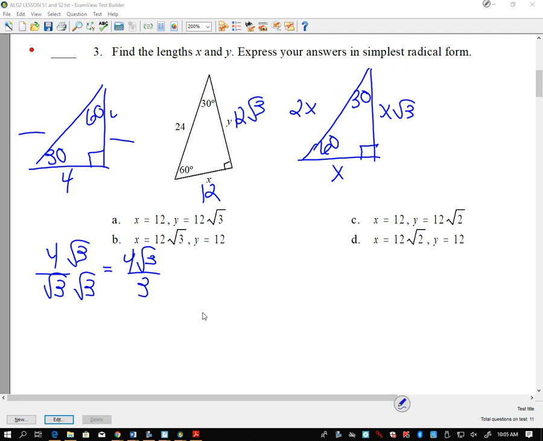So this is 4 radical 3 over 3, and this is, I got to double it. What's 4 thirds times 2? 4 radical 3 over 3 times 2 over 1. 8 radical 3 over 3.